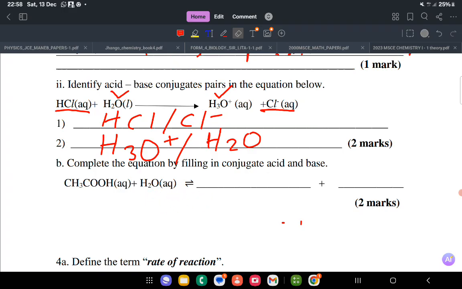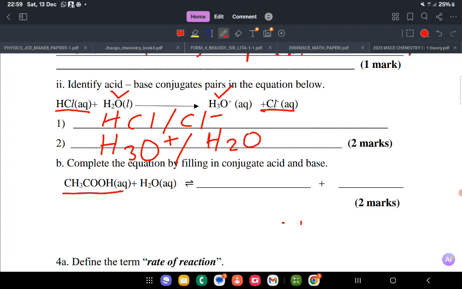Part B. Complete the equation by filling in conjugate acid-base pair. So first and foremost, you need to identify the acid. So the assumption being made here is that the acid is this acetic acid, which is vinegar.